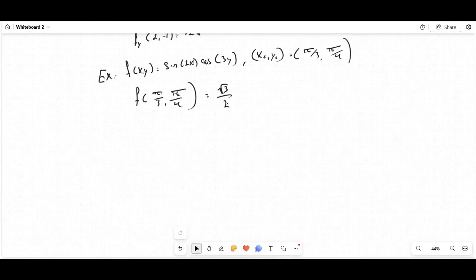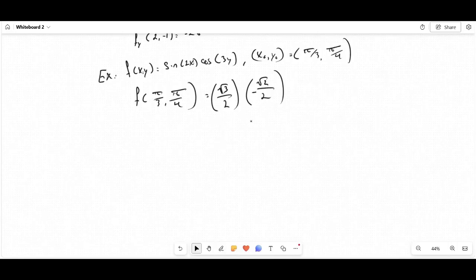And then I need cosine of 3 pi over 4. Same deal. So pi over 4, 2 pi over 4, 3 pi over 4. Cosine is negative over there. So this is sine of 2 pi over 3 times cosine of 3 pi over 4, which is root 2 over 2 in magnitude.